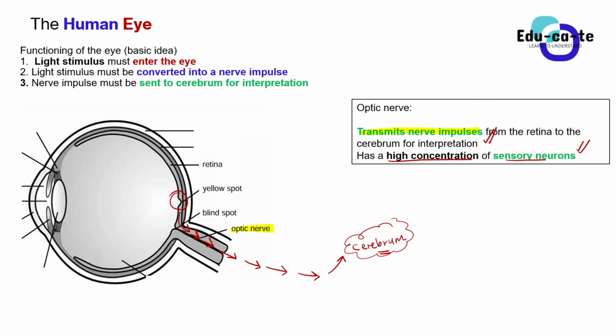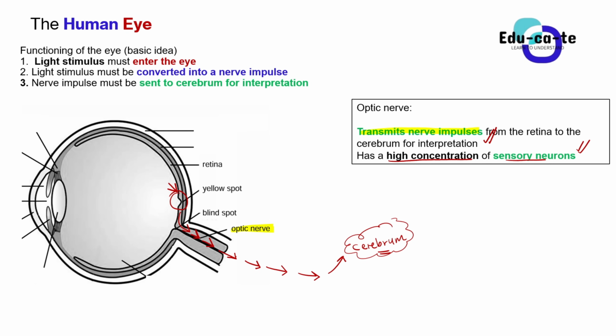You must have checked it out. Sensory neurons transmit nerve impulses from the receptor. The receptors are here at the yellow spot, at the retina. The photoreceptors, the rods and cones, are continuously changing this light stimulus into an impulse, and that impulse will be taken away by the sensory neurons in the optic nerve.